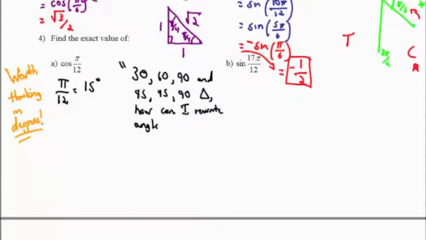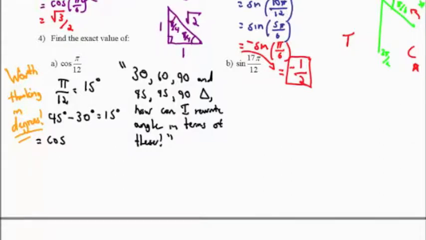This is what I'm thinking the whole time, because watch, I can get 15 degrees if I do 45 degrees subtract 30 degrees, and that's going to be equal to 15 degrees.